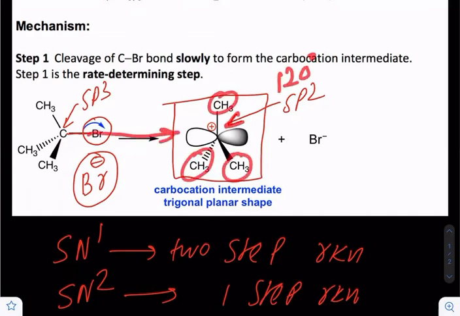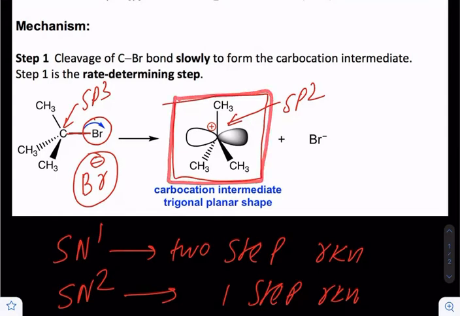In this case, the sp3 carbon converts into an sp2 carbon, so stability increases, with a formal positive charge. So basically this molecule is in a plane perpendicular to the screen. So we are looking at it edge on like this. Now we have the carbocation intermediate.